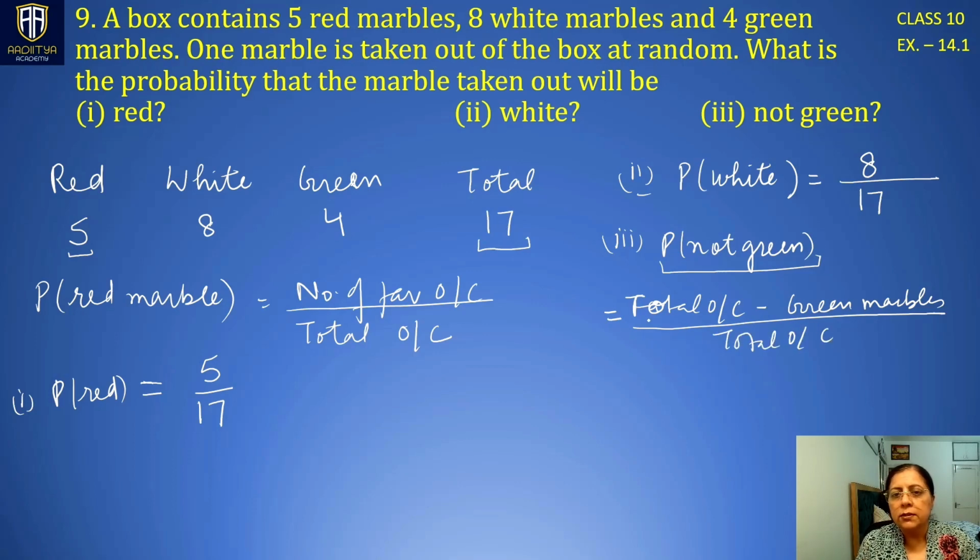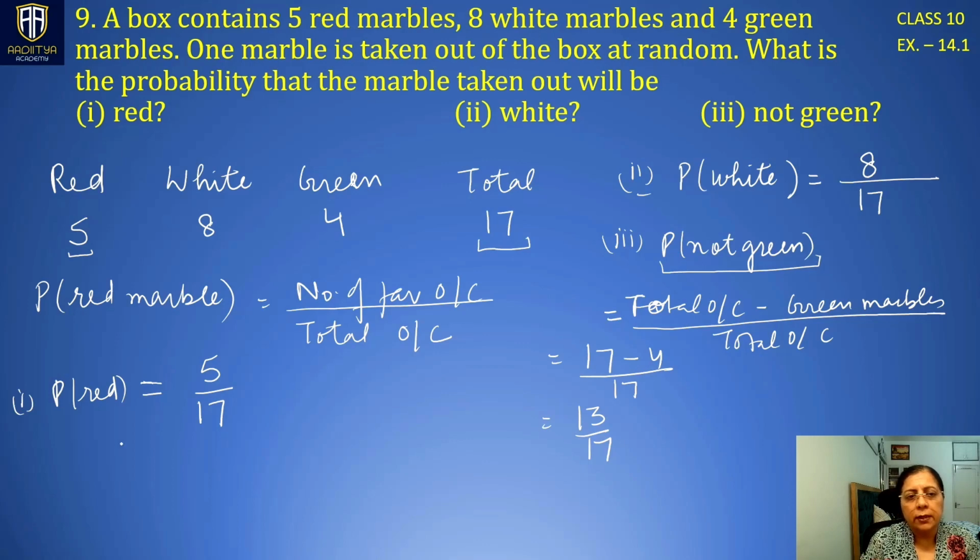So the formula says total outcomes minus favorable outcomes divided by total outcomes. That is, total outcomes are total number of marbles here, which is 17. Green marbles are 4 in number. So 17 minus 4 by 17. That is 13 by 17 is the value of, or the probability of drawing a marble which is not green, right?